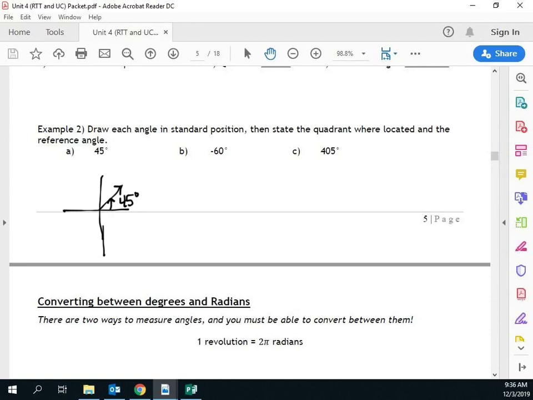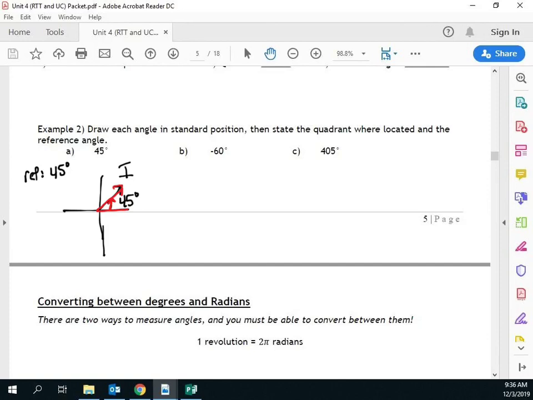What is our reference angle? 45. You said we're in the first quadrant. That is correct. And that's it. So draw where it is. Actually, I should probably use a different color so it stands out a little bit. There you go. 45 degrees is there.